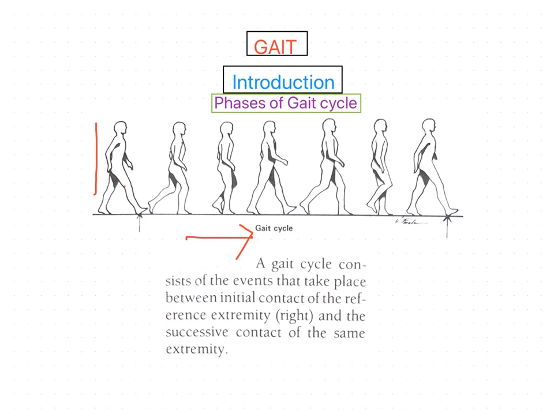You can see the front and back movements of the lower extremities. That is called alternating propulsive and retropulsive motions of the lower extremities. That means one limb is moving propulsively and the other limb is moving retropulsively. With these movements only we can get the translatory progression of the body.